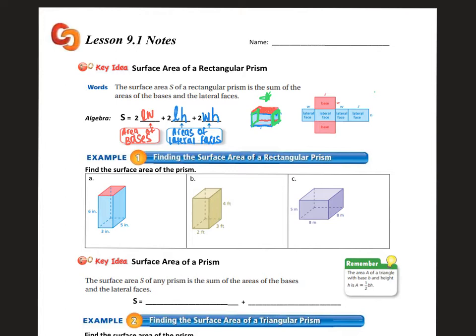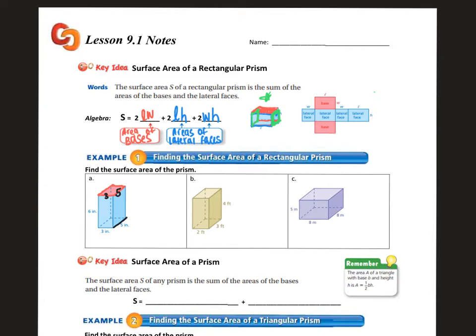So if we look at our first example, I want to make sure I do the areas of the bases first. This is in red right here. I see that this side length was labeled 3 at the bottom, so this is also 3 here. This is 5, so this is also 5 here.